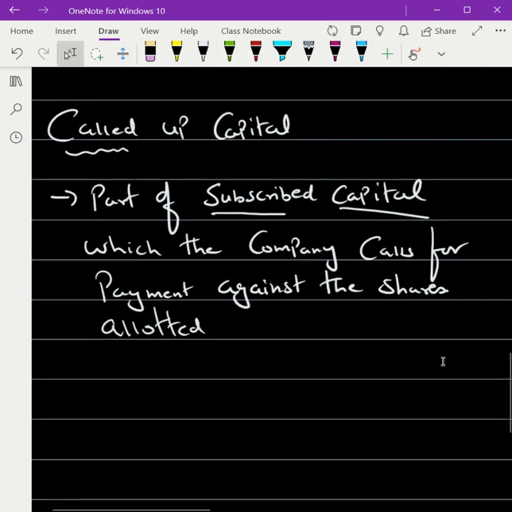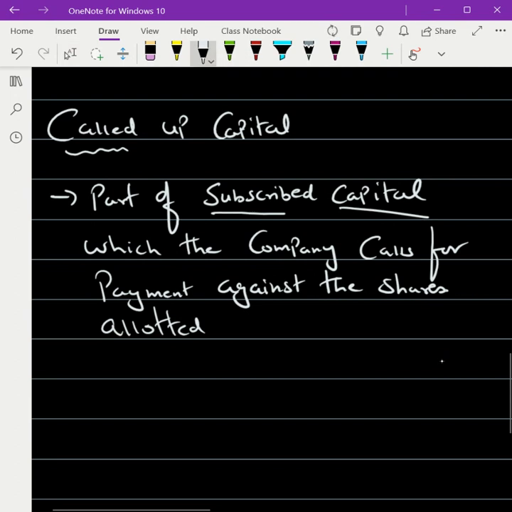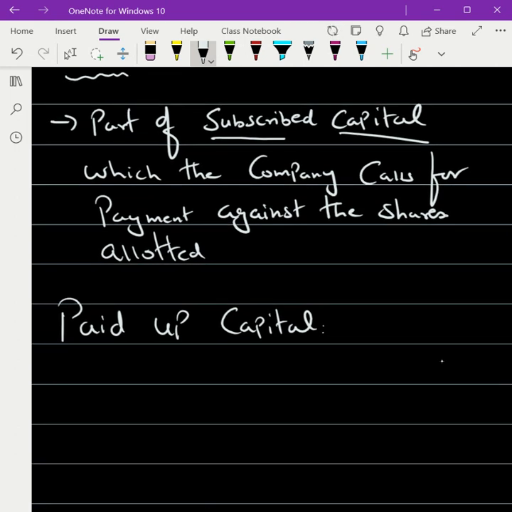And then comes paid up capital. Again, it is a part of your called up capital which has been actually paid by the shareholders. So paid up capital refers to a part of what capital?